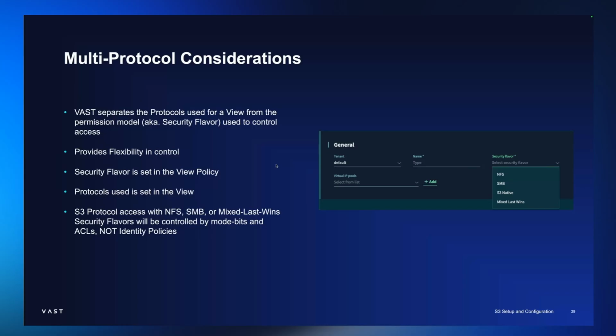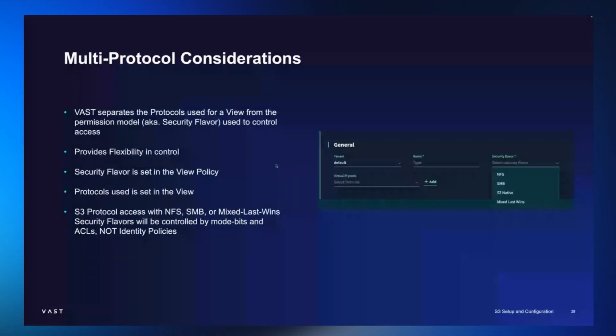With my existing views, I just enable S3 as the protocol, again keeping in mind that I have to set a bucket owner there, and that'll change the owner of the directory. But my access is going to be the same over NFS as it is over SMB or as it is over S3, and permissions will be controlled from NFS or SMB as appropriate.